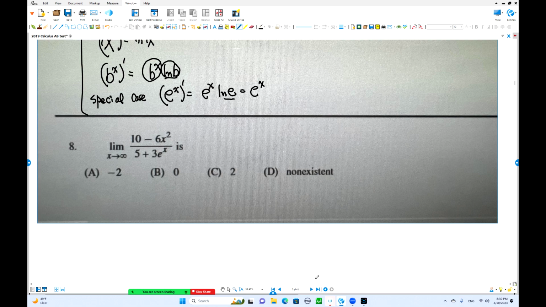Now x goes to infinity. We have an e to the x function, the exponential, but only one side has an asymptote.